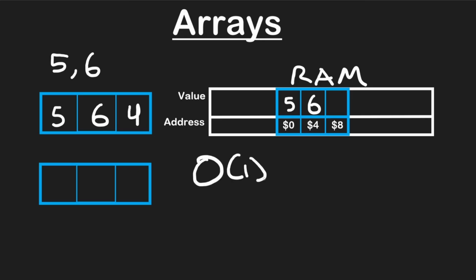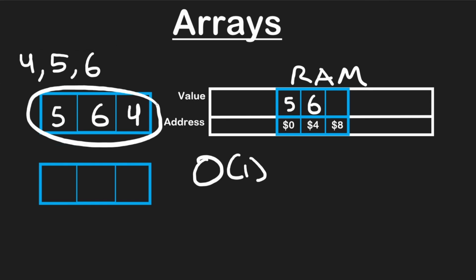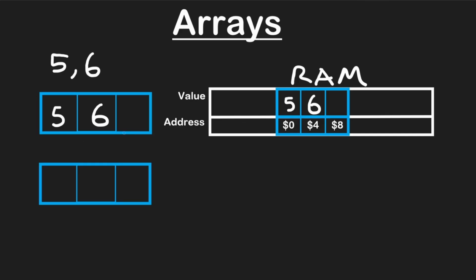It's O of 1 and there is space there, but that doesn't achieve 4, 5, 6. We have the elements out of order. With arrays, including static arrays, the order of the values does matter. So for us to insert the 4 over here, we first have to shift the 5 to the next position. But if we shift it over here, we're going to get rid of the 6.